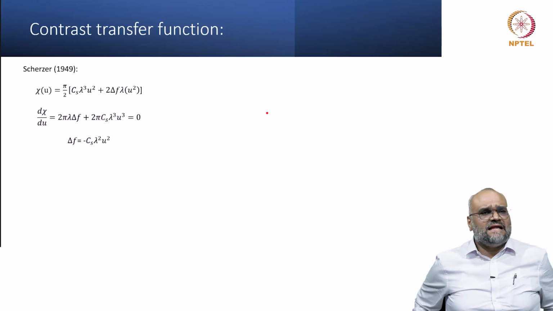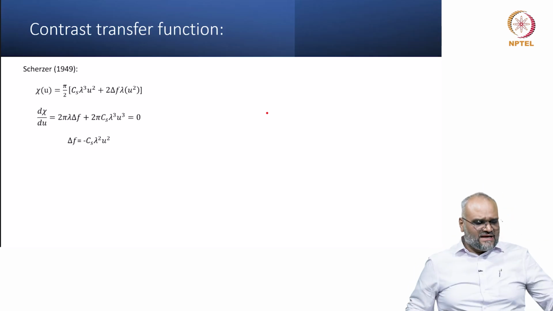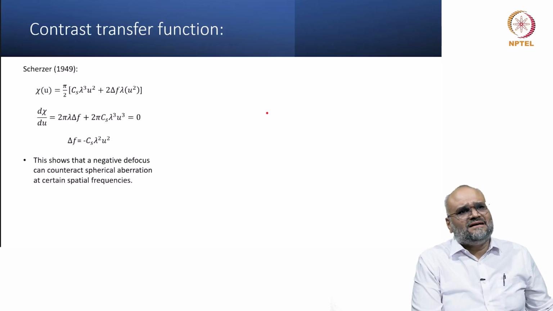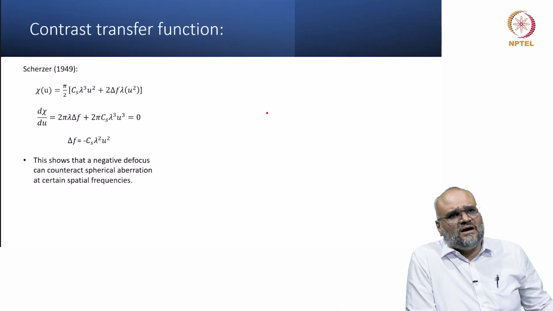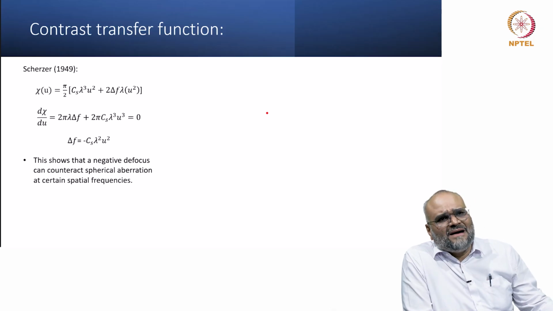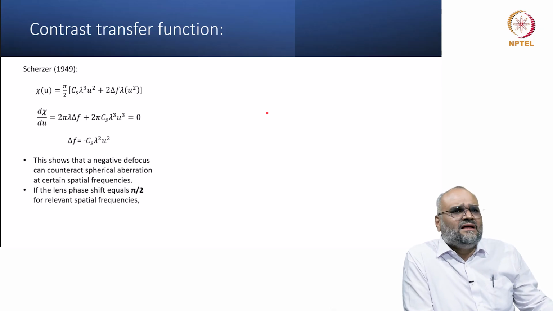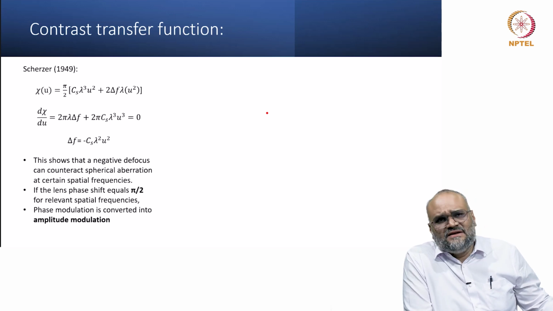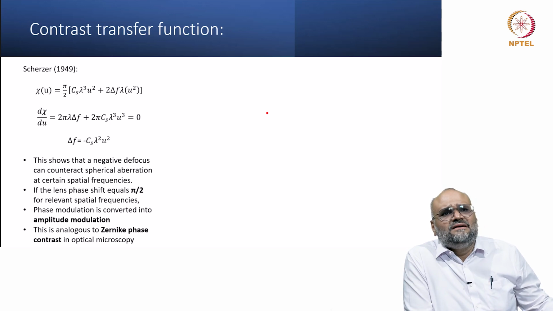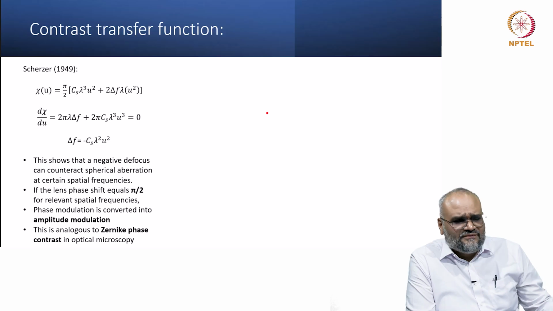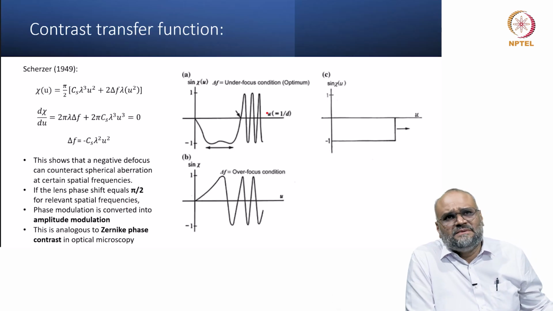If you take the aberration function and take the differential of it and look where it reaches a maxima, at a negative defocus you can counter the spherical aberration and get a maximum intensity, and this is called the Scherzer defocus. The phase contrast obtained from these kinds of images is analogous to the Zernike phase contrast in optical microscopy.